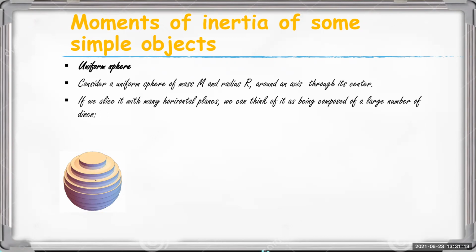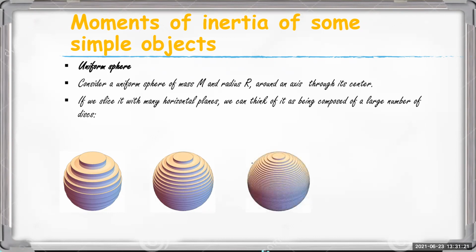If we slice it into 20, it will be just this. And if we slice into 50 disks, it will be like this. And if we slice the sphere into 100 disks, it will be like this.